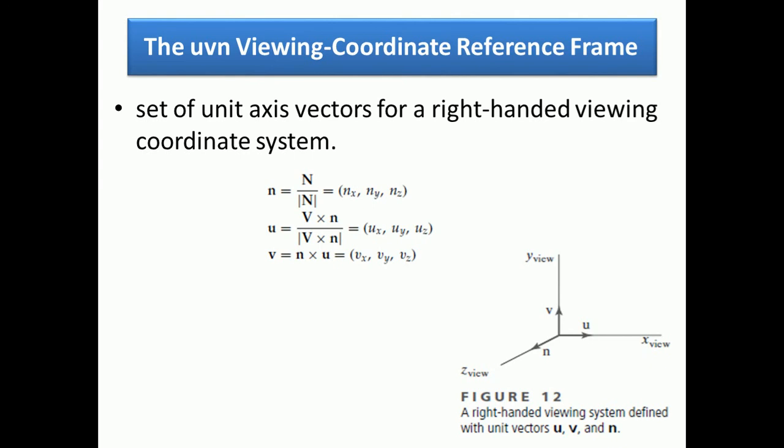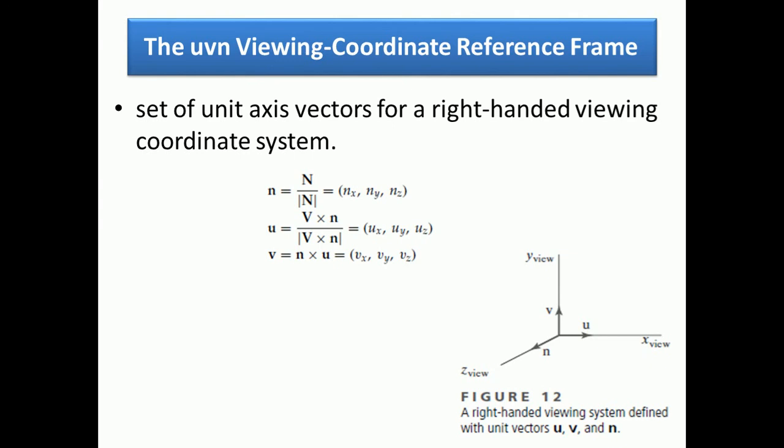So we determine the correct direction for U by taking the vector cross product of V and N, so as to form a right-handed viewing frame.